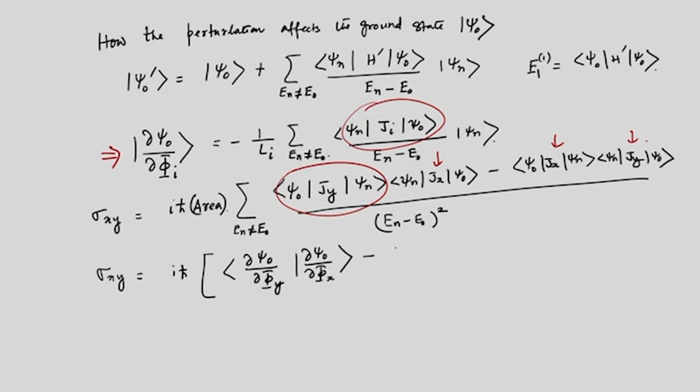So, that makes it E n minus E 0 square, and of course, we know that these E n and E 0 are different, so that the denominator is not allowed to blow up, and then you have del psi 0 del phi x and del psi 0 del phi y.